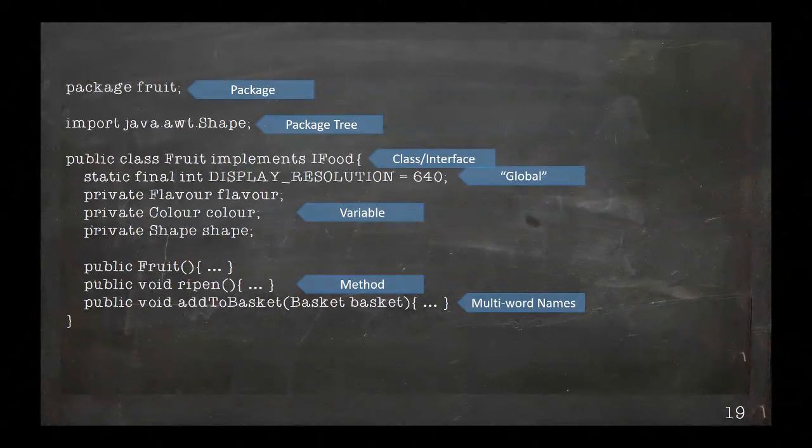Method names, in this case, public Fruit, capitalized because it's a constructor, and it's the name of the class. It's language defined here. Public void ripen, you'll note the lowercase. And of course, public void addToBasket, the camel case. Passing in Basket, you might not have a specific word for the basket, so we'll pass in the name of the class.